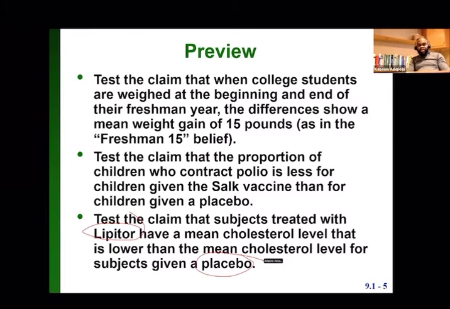You want to see whether the Lipitor will reduce the cholesterol level of people lower than just not applying anything. So these are examples of hypothesis testing involving difference of means and difference of proportions.